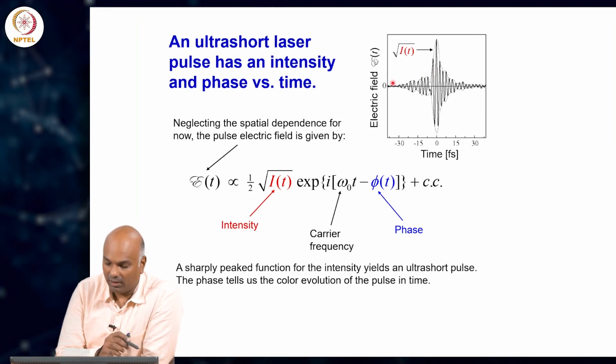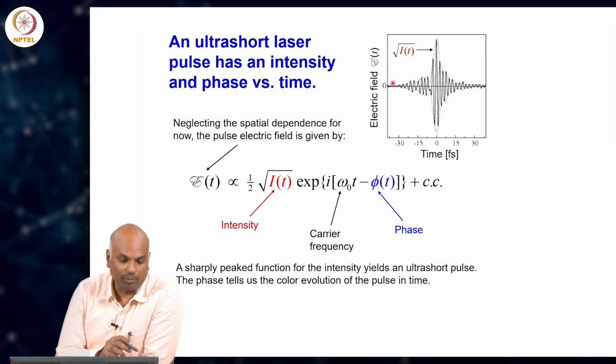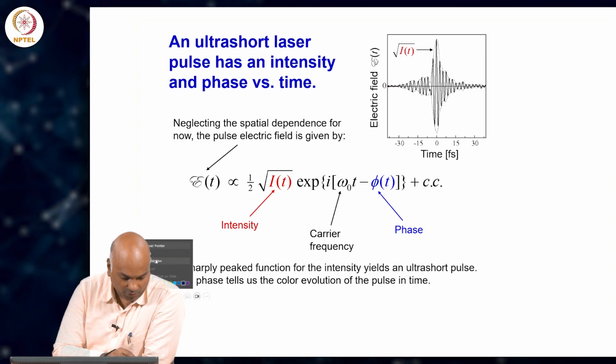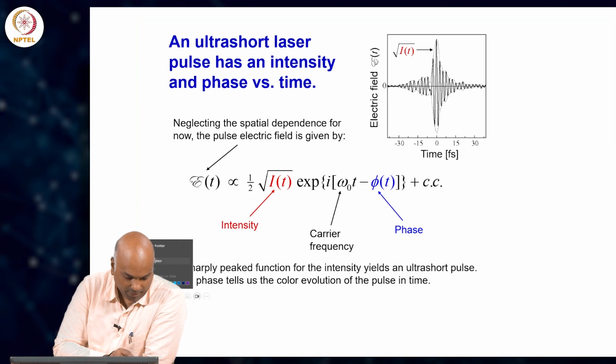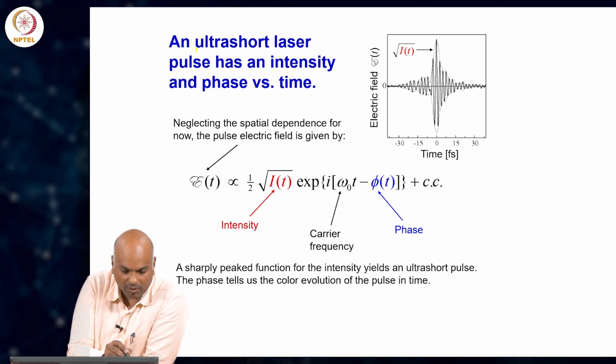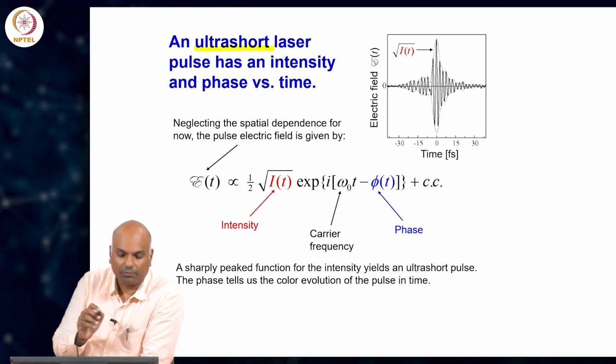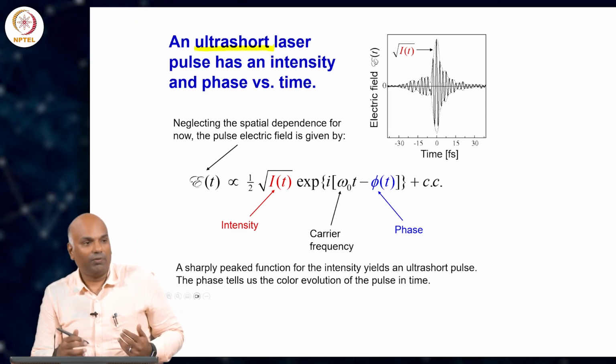So, let us consider now a laser pulse. We have introduced plenty of things to discuss in just one slide. So, the first among which is the adjective ultra short in itself, which I will qualify now.